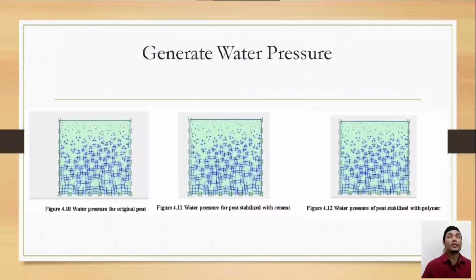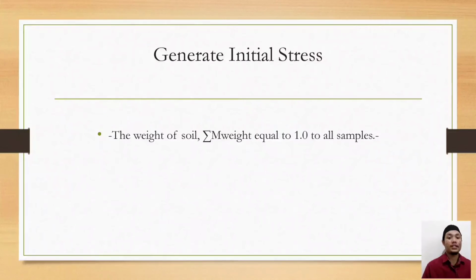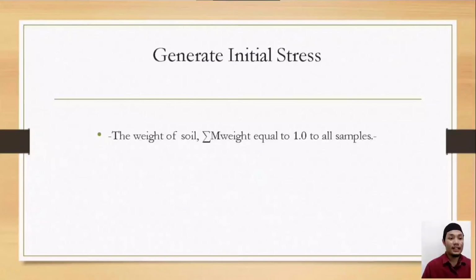After you apply the load, analyze and update, you can get this result. After that, you turn the initial to generate internal stress. If you click the button icon to change to generate initial stress, the unit weight of soil equals 1 for all samples. These samples have the same load and stress.